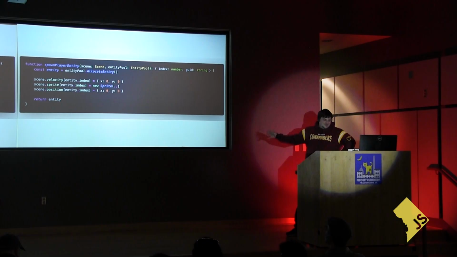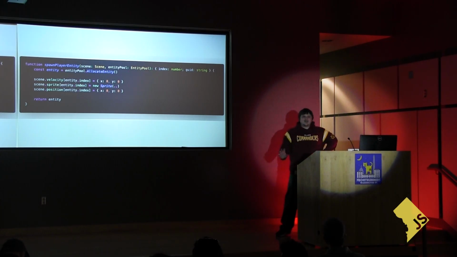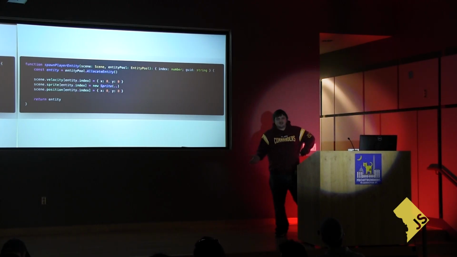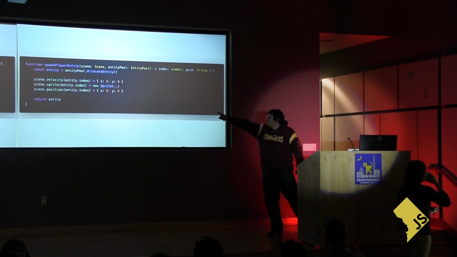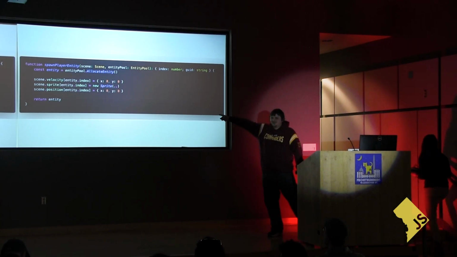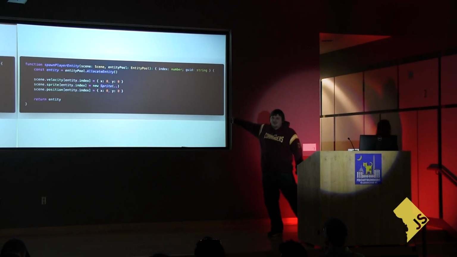And what you'll find as you're using an entity component system are these moments of delight where you have all your systems in place and you say, I want to add this functionality. And all you do is go to the spawn code and you say, okay, you no longer just have velocity, sprite, and position, but you also have gravity now.